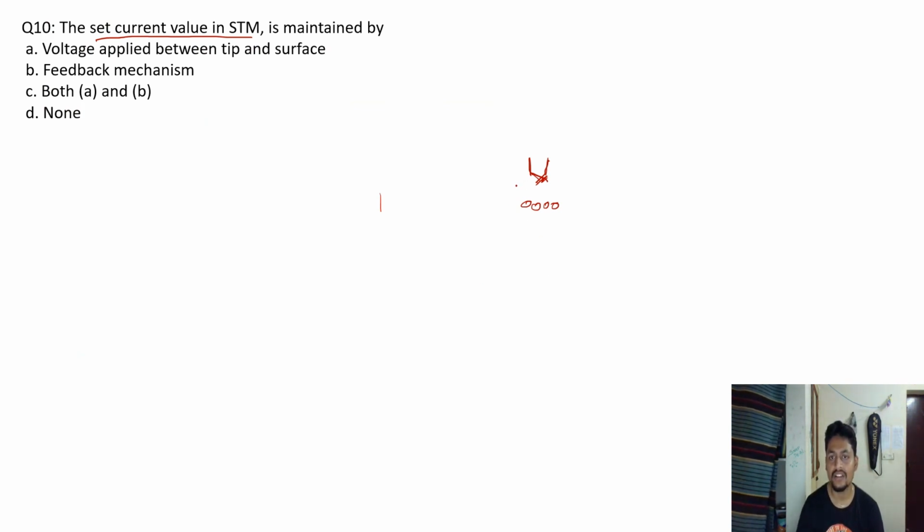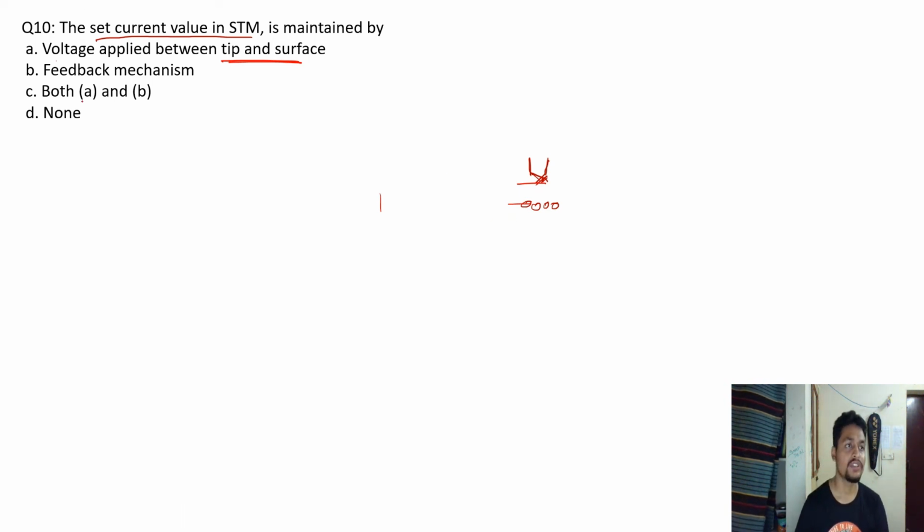So we are trying to keep the current the same, and we are adjusting the height, right? So that means the voltage between tip and surface is maintained by the set current value, which we are keeping constant. The voltage applied between the tip and the surface is going to maintain the set current value. And the feedback mechanism is going to adjust the height of the tip, so that it does not disrupt the surface as well.